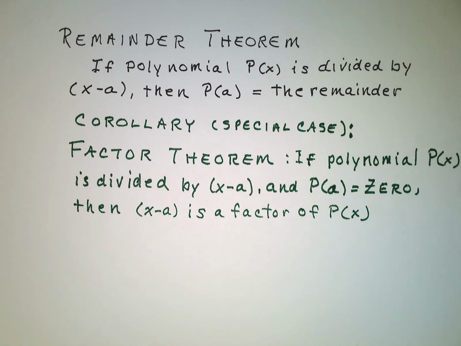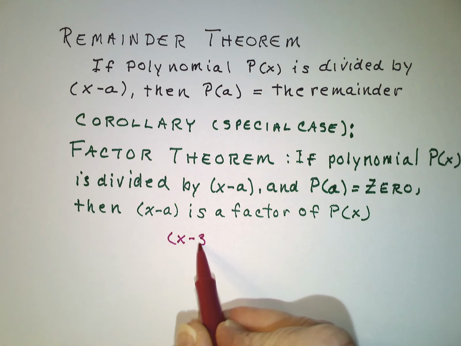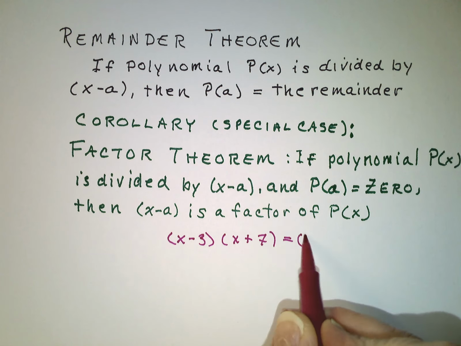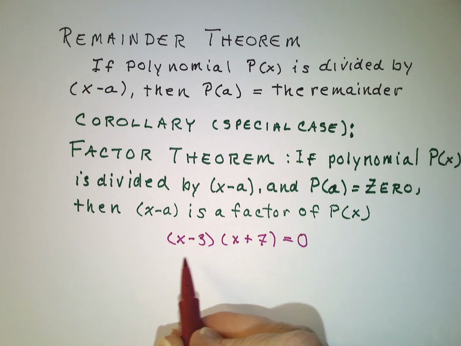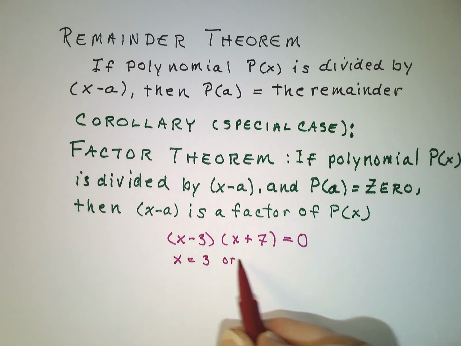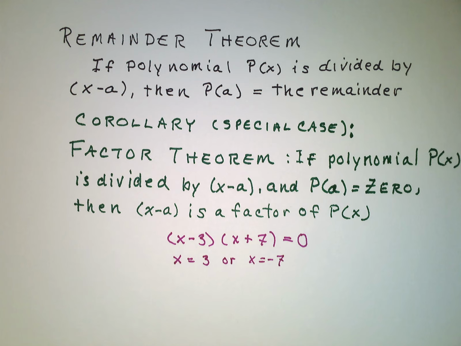And we've done this before with factors. If we had, for instance, x minus 3 times x plus 7 equals 0, then the only way this works is if x equals positive 3 or x equals negative 7. So we're used to that kind of reversal of signs.